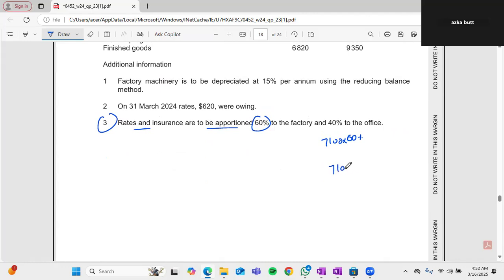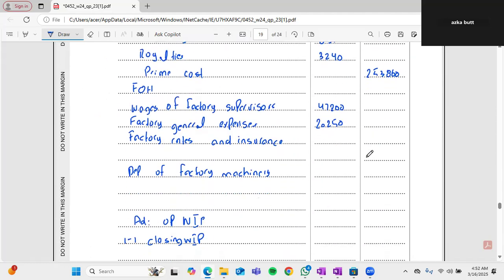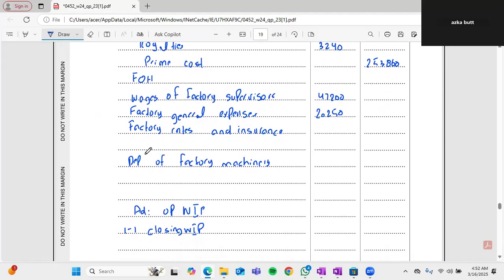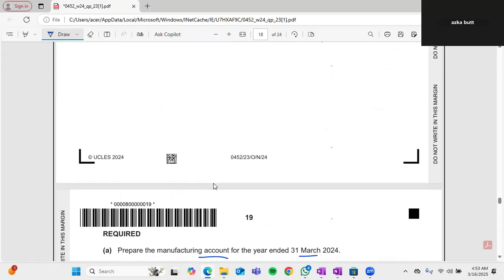So you will write 7,000 plus 620, and you will write the total of this, 7,100 plus 620, 60%. And this is equal to 4,628. Sorry, 4,632.